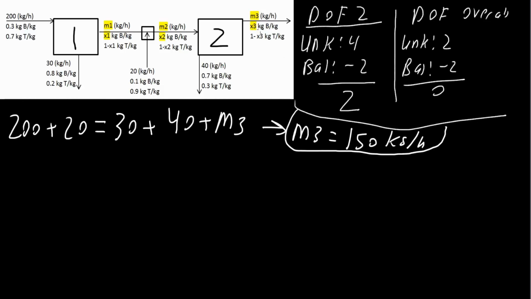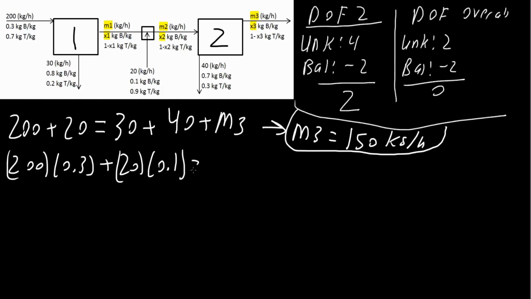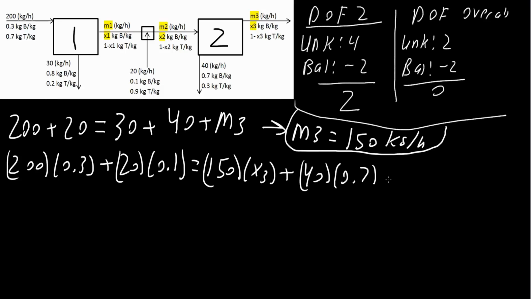Next, we can calculate X3. X3 is B. So we could say that 200 times 0.3 plus 20 times 0.1 going in is going to equal, with our M3 being 150, X3 plus 40 times 0.7 plus 30 times 0.8.